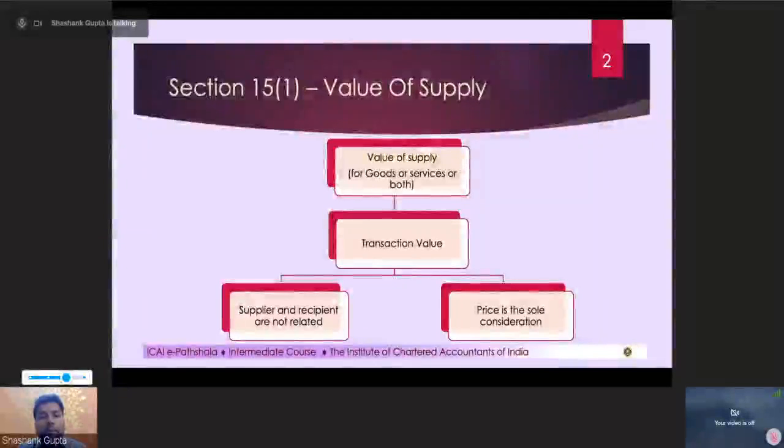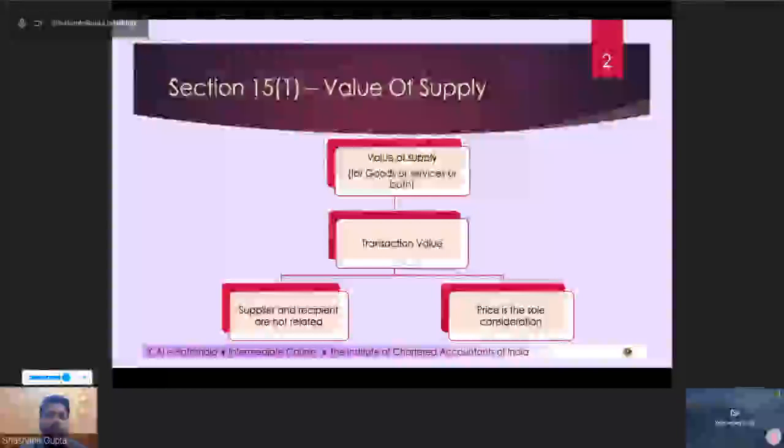Now, the services are the same. The supplier is the same. The only thing that has changed is the recipient and the size of the recipient.